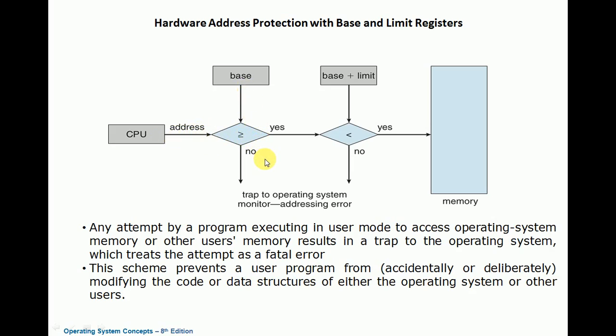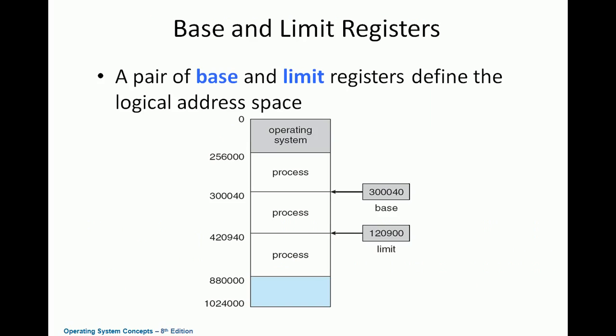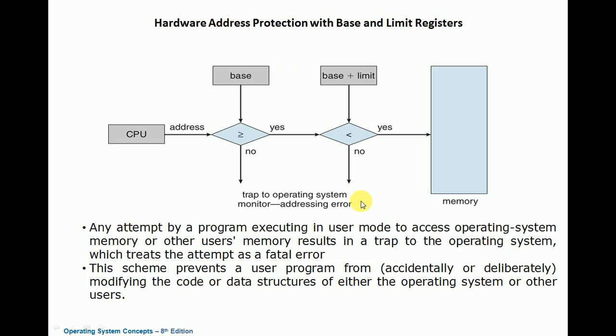If you look at the previous diagram, here the base register is this one, and whatever logical address is generated by the CPU should be greater than or equal to this value. That is what we are supposed to check here.